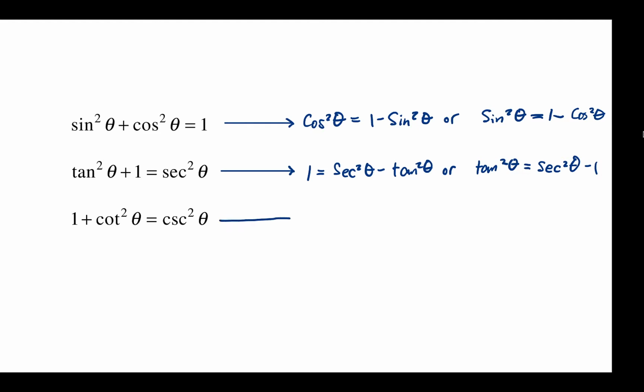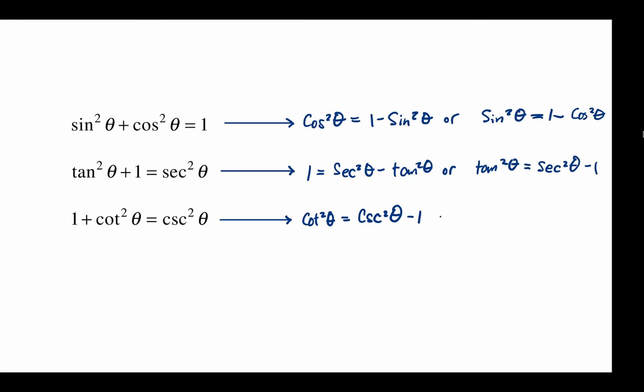And so finally, for this relationship here, you can rearrange it to use it in this way. You could say, all right, so I've got it solved for cosecant squared theta, but maybe I want to have it solved for cotangent squared theta. So you can write cotangent squared theta is equal to cosecant squared theta minus 1.